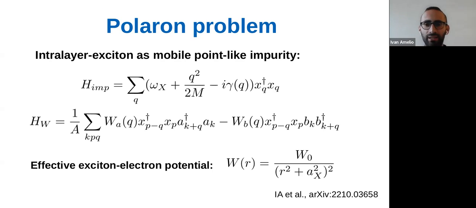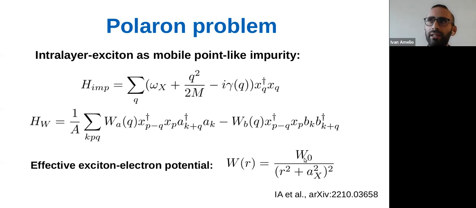The approximation we make is that the intralayer exciton, our probe exciton, will be a point-like impurity with no internal degrees of freedom, just with some momentum and kinetic energy. The interaction between the exciton and the electron will be modeled in an effective way by a potential that goes like 1 over r to the 4.